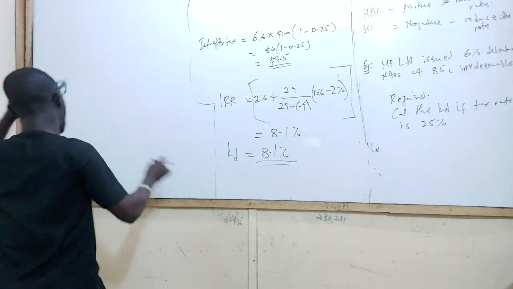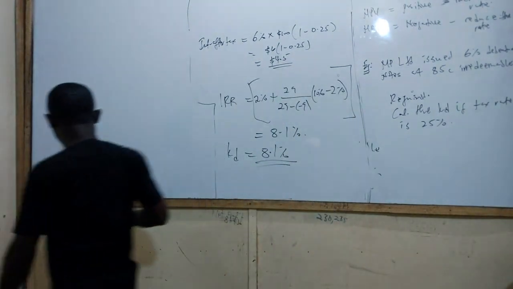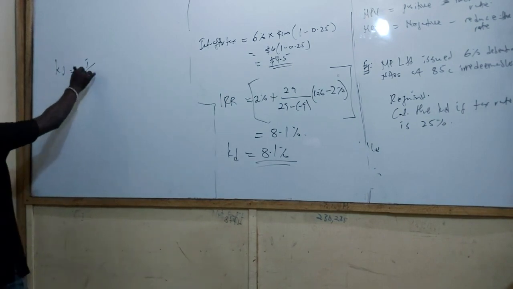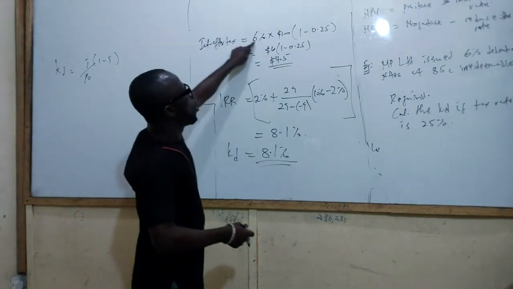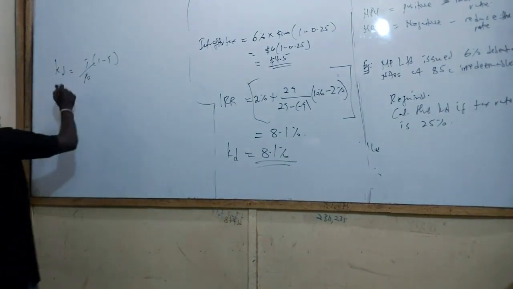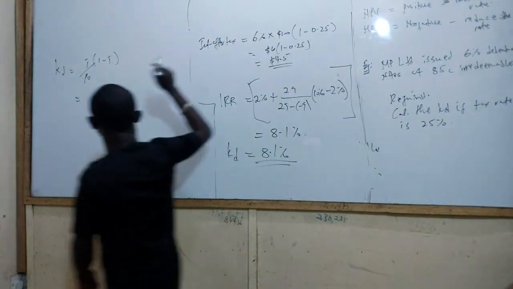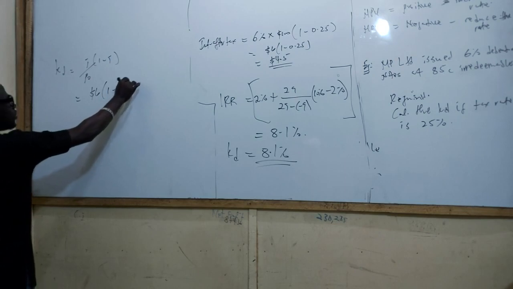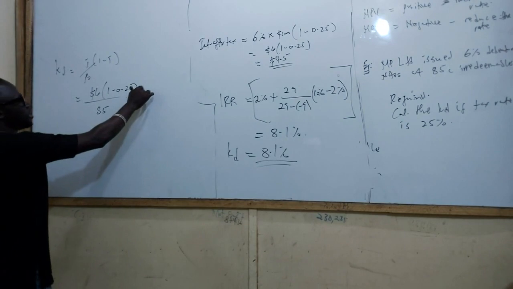So in using the formula, now remember, tax is here. So we need to use the KD after tax. So our KD will be equal to I over P0 times 1 minus the T. Remember I told you I will always be the interest. So our interest here is going to be 6% on 100, which is 6. So it's going to be $6 into bracket 1 minus 0.25 over the market value of what? 85 times 100.